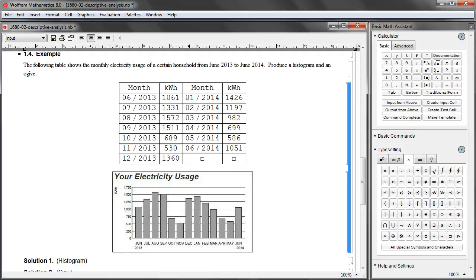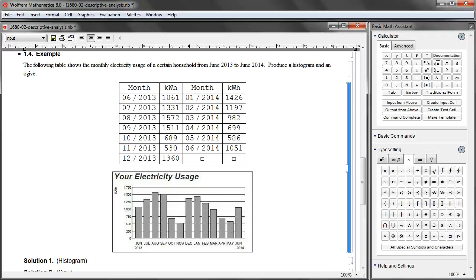So how many months are there between, say, 1250 and 1500? I see 3: July, December, and January. Those 3 months have boxes ending between 1250 and 1500.